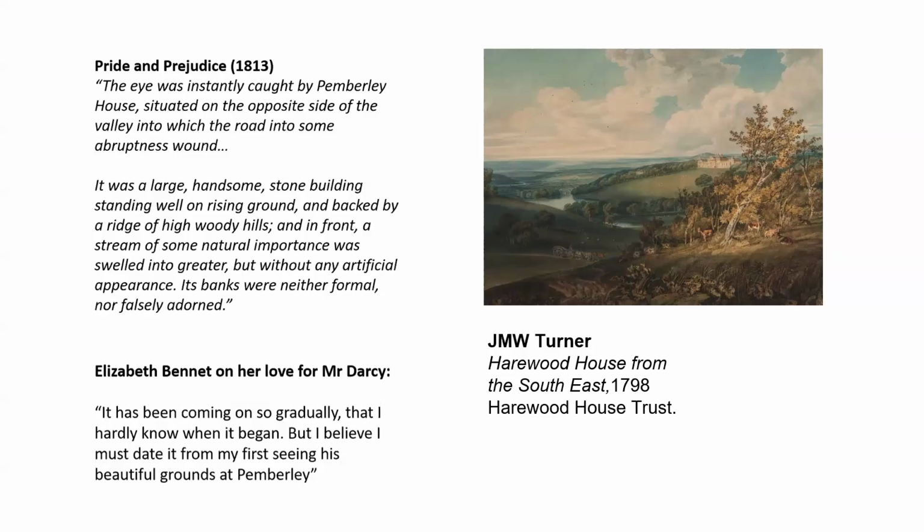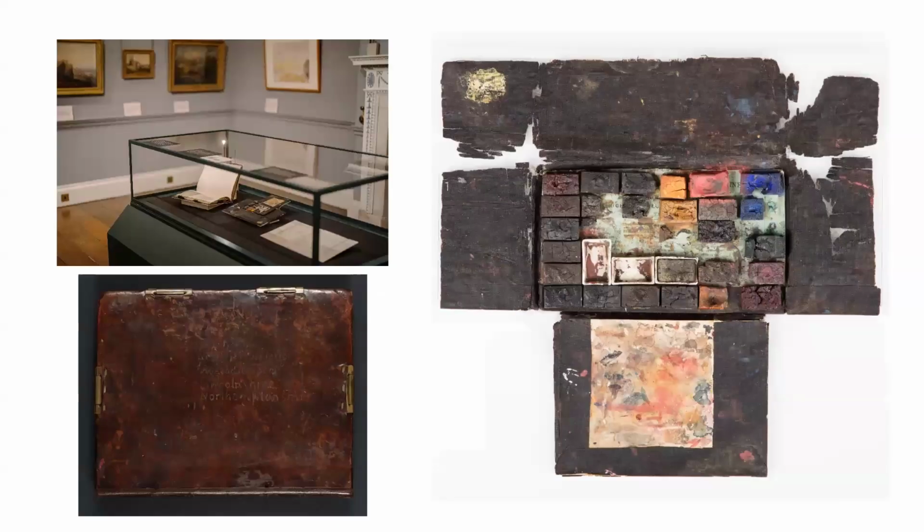Another key area of creative overlap for Austen and Turner within this remit of landscape is the fact that journeying through the landscape, personally for both of them, was central to their creative practices. Turner's artistic process, of course, began whilst journeying, filling his sketchbooks with carefully observed drawings of the places and landscapes that he encountered. And he really did travel all over the country.